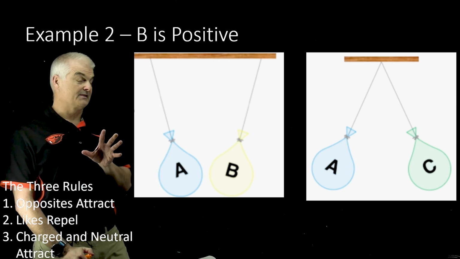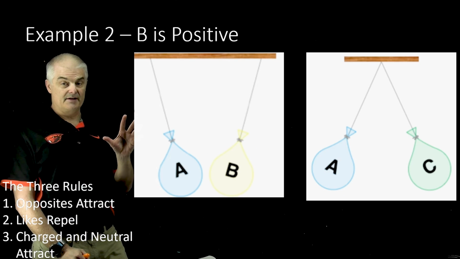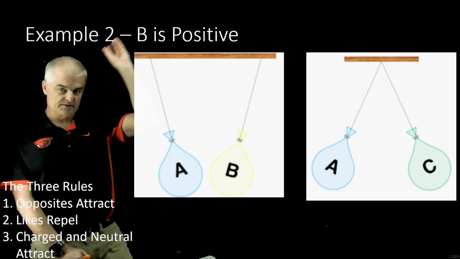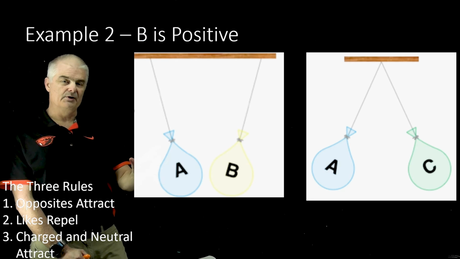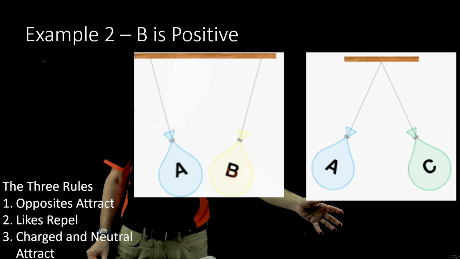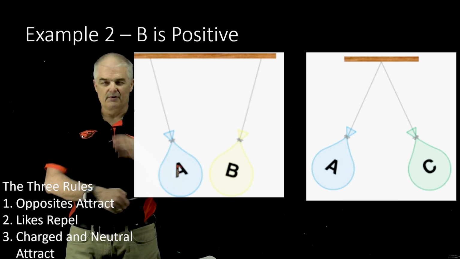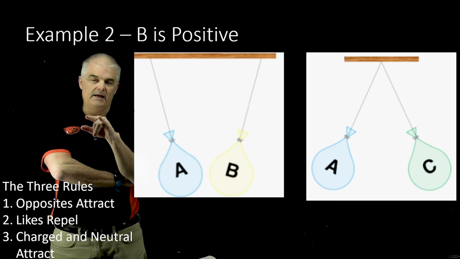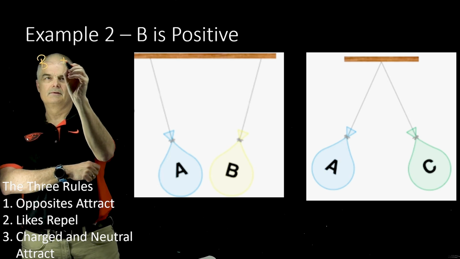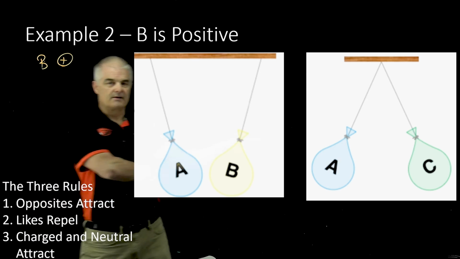Here's a different example. It seems like it's the same, but it's not. We've got A and B attracted. Again, B is positive, and we're trying to figure out A. But notice instead of being C and D, we've got A over in this second picture. So what do we know from the first one? We know B is positive. And actually, I would go to the second thing.